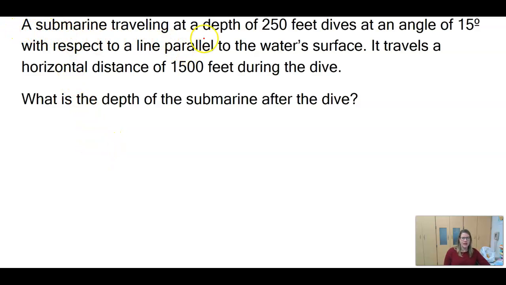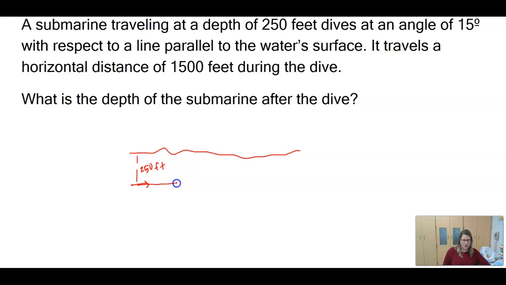A submarine traveling at a depth of 250 feet. So here's the water. The submarine is coming along here and is 250 feet down from the surface of the water. It dives at an angle of 15 degrees with respect to a line parallel to the water surface.